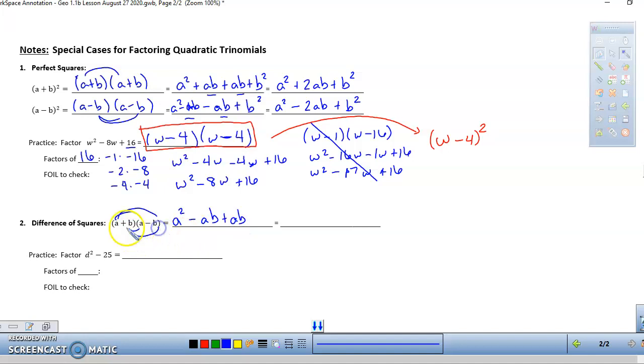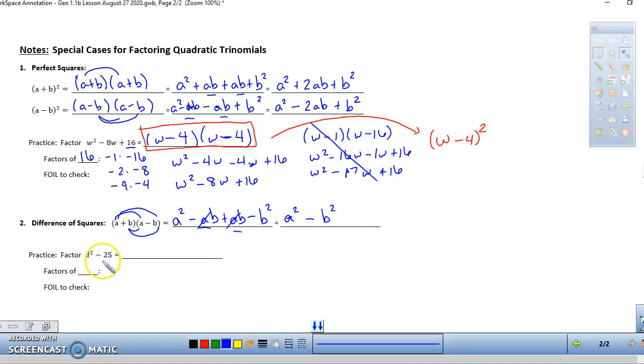And then here it's positive b times a negative b, which is going to be a negative b squared. Okay, again, these are like terms, but like the warm-up problem, they are going to cancel out. So I end up with a squared minus b squared.